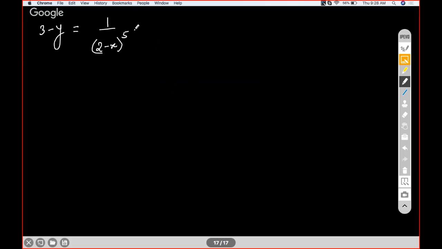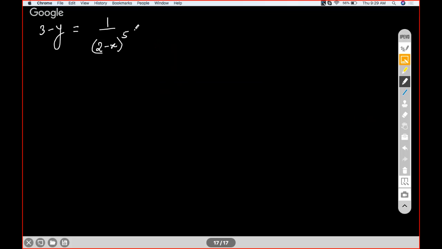3 minus y equals 1 by 2 minus x to the power 5. So this is going to get shifted, the asymptote is going to get shifted 2 units to the left.